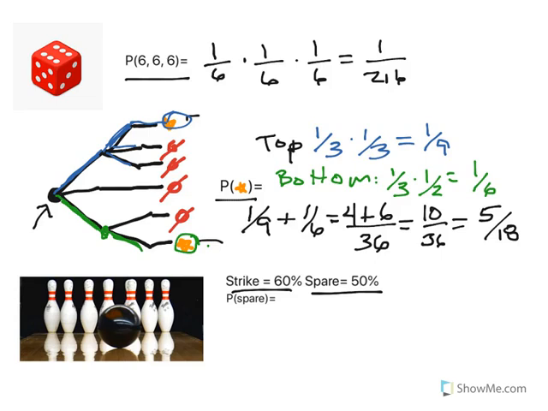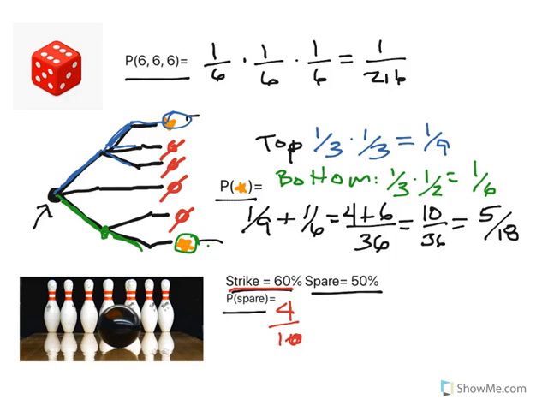So, if I'm interested in the probability of getting a spare, that means I had to not get a strike to start with. So, if the chance of getting a strike was 60%, that means the chance of not getting a strike on our very first roll would be 40%, or 4 out of 10.